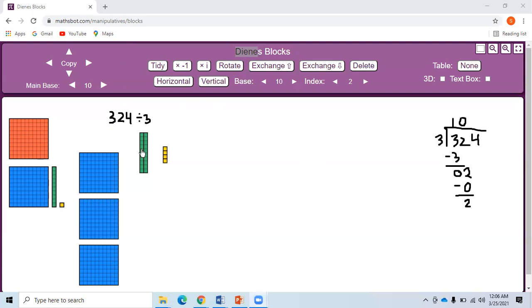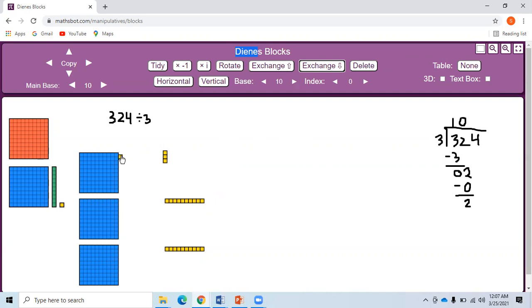With my blocks now, in order to distribute these 2 10s, I need to exchange them for 1s. So I've now exchanged my two 10s for ones, and I can see I have 10 plus 10 plus 4, or 24 ones. And now I can distribute them. I'm going to start distributing them, and then in order to save time, I'm going to stop and restart the recording. And don't worry if the screen goes black for a minute.